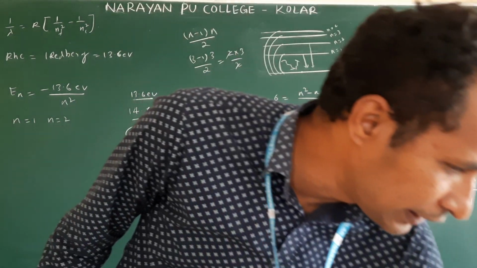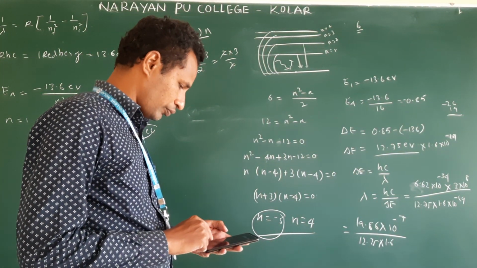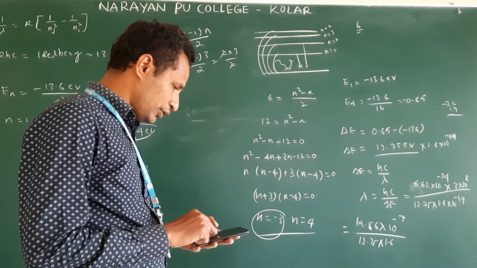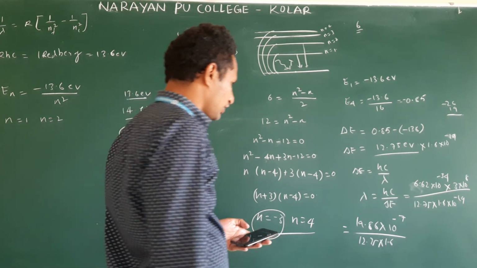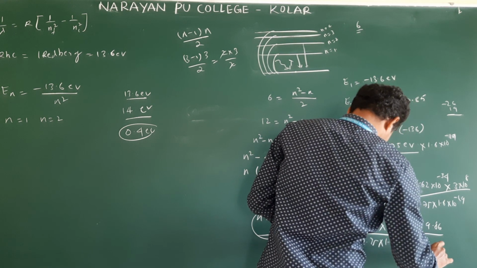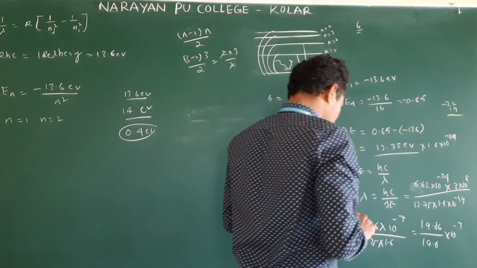If we calculate, we will get the answer. 12.75 into 1.6 is 20.4, so 19.86 by 20.4 into 10 power minus 7.